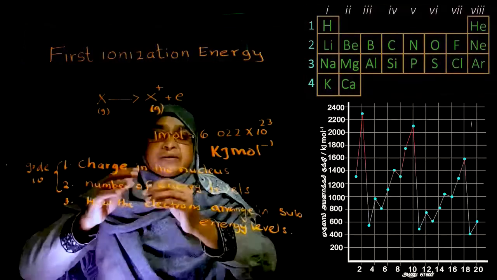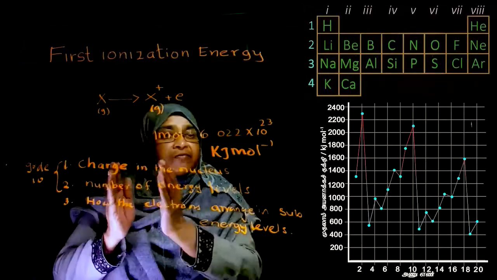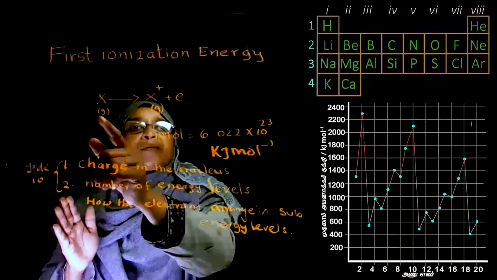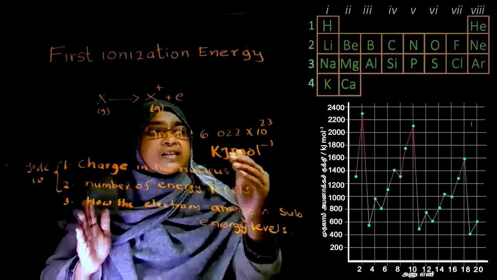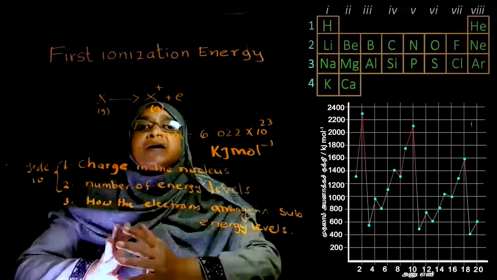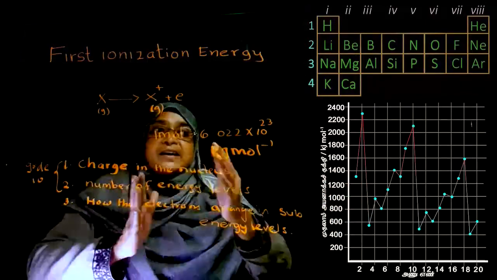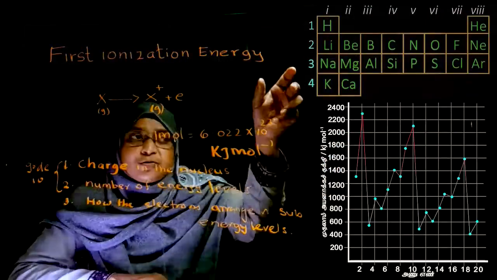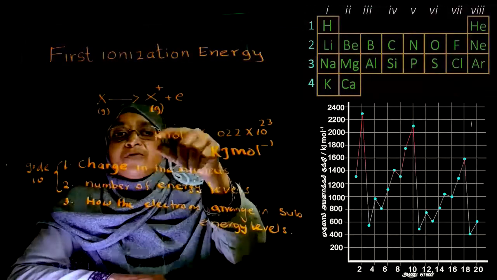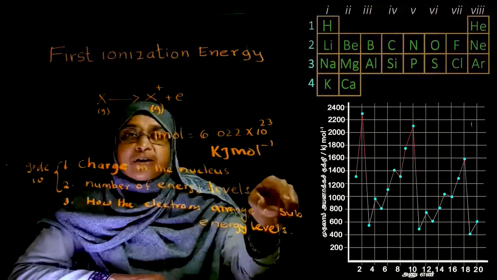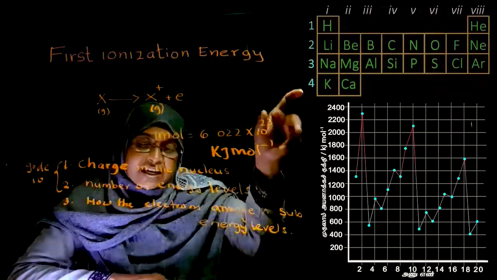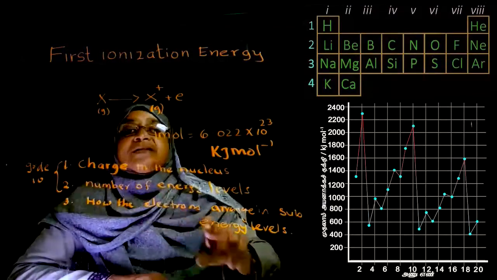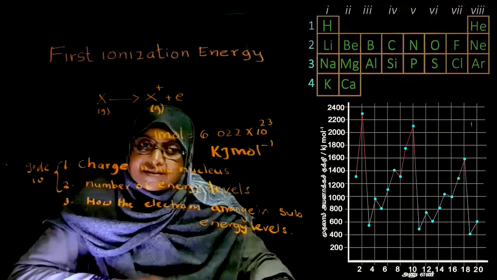In the periodic table, from left to right, the property of making cations decreases, so the metallic property decreases from left to right. Like that, down the group, the property of forming cations increases, so the metallic property increases.